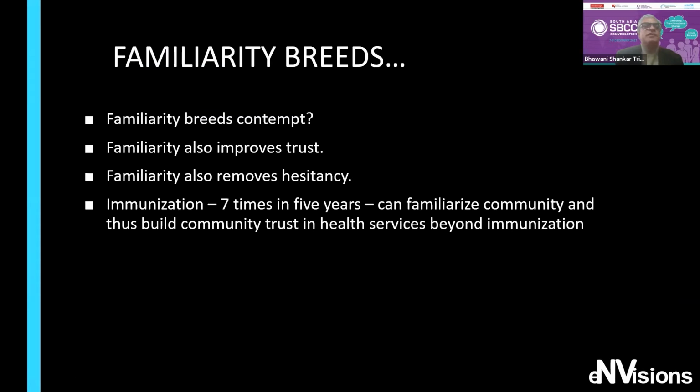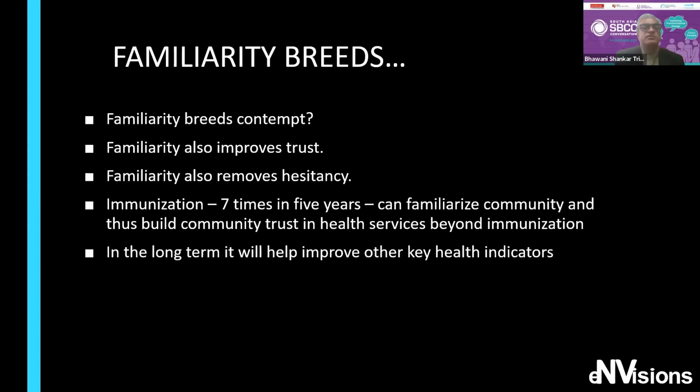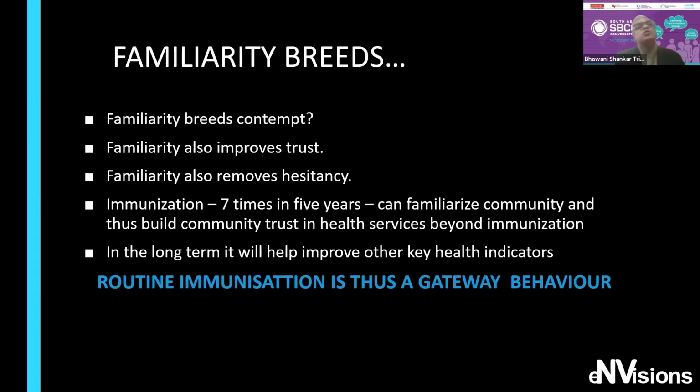So how does familiarity work in creating demand for immunization, where a parent is supposed to take the child for immunization 7 times in 5 years, and how can familiarity familiarize the community and thus build community trust in health services beyond immunization? Of course, in the long term, these interactions of familiarity would improve key health indicators, because immunization is considered a gateway to other public health behaviors.